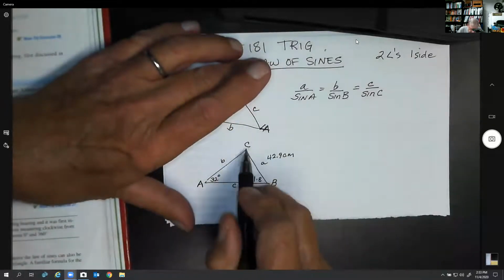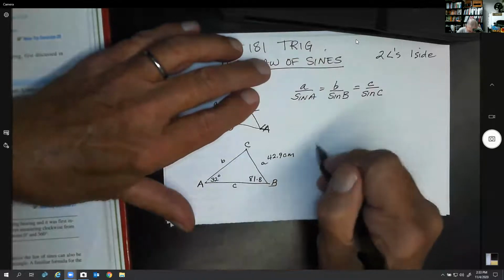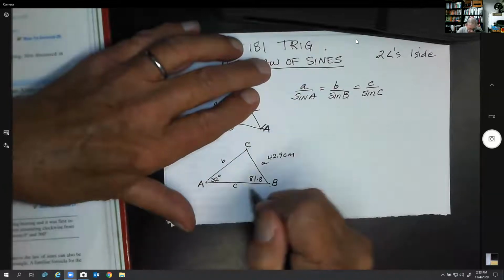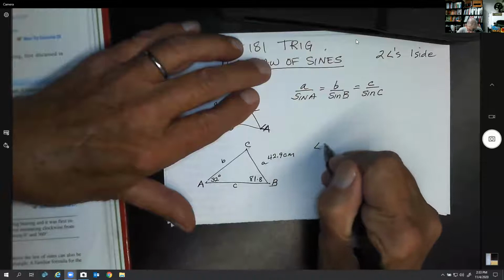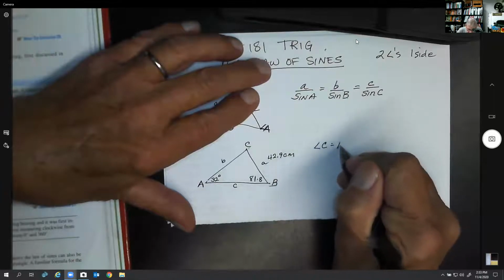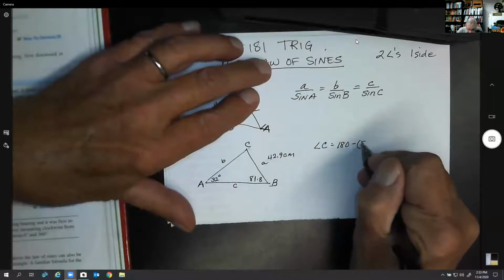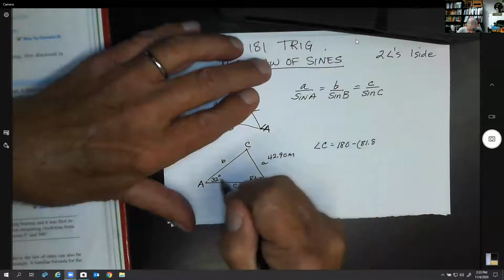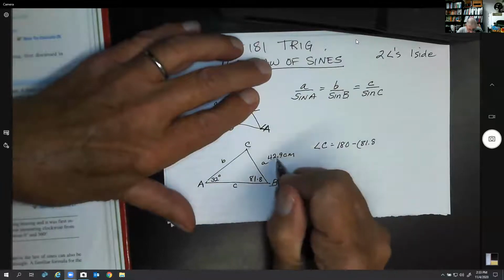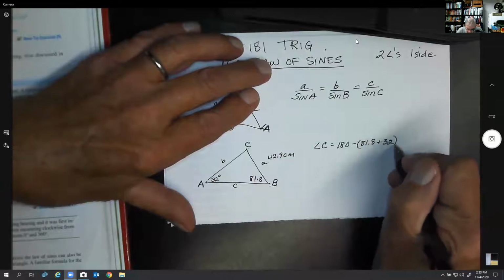So angle C would probably be the easiest to find because we know the angles of a triangle add up to 180. So angle C would equal 180 minus angle A plus angle B. I could put angle B plus angle A.